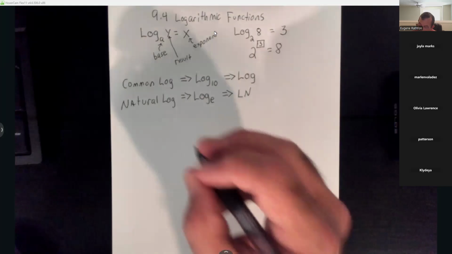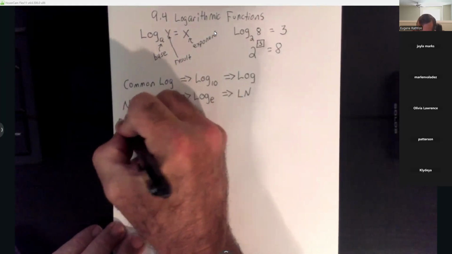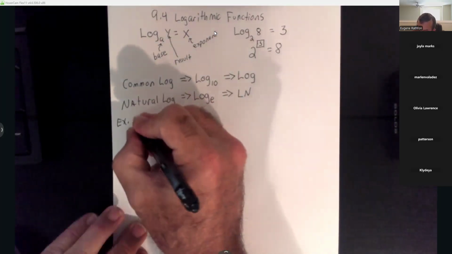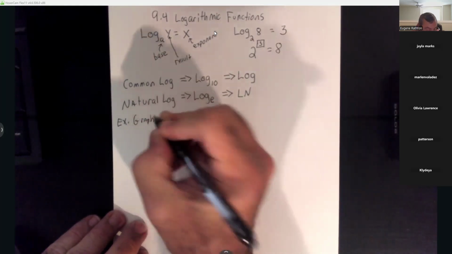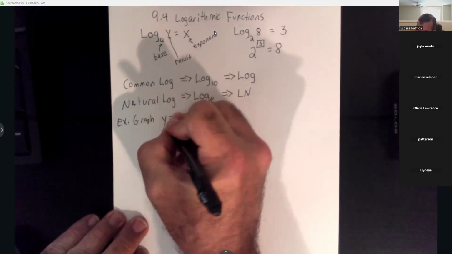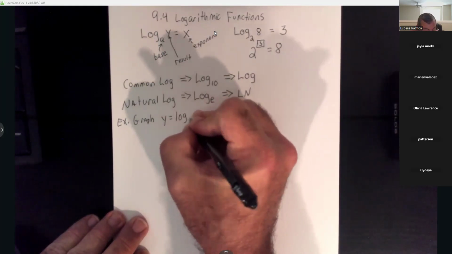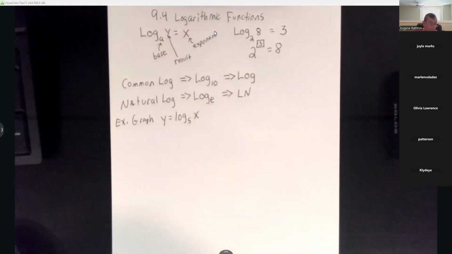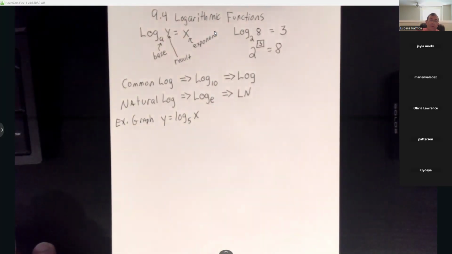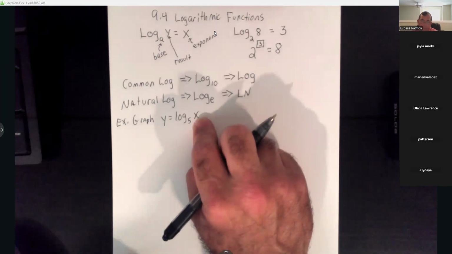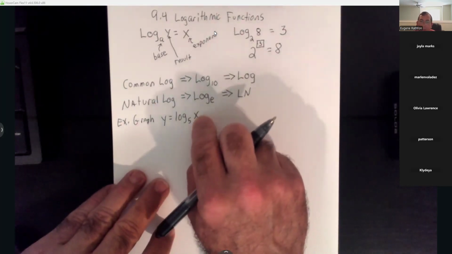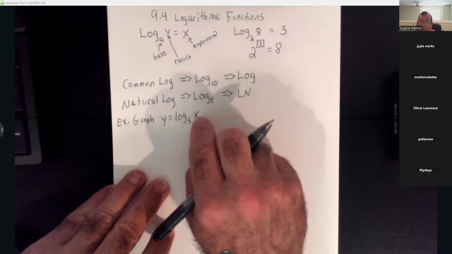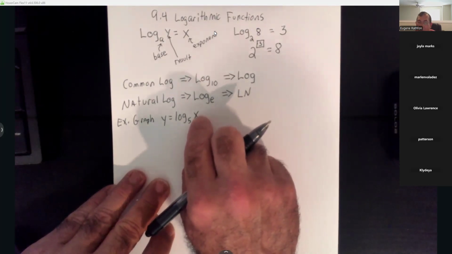So y'all, the first thing they want us to do in here is play with graphs. They want you to graph y equals log base 5 of x. So to do these, you're going to want to use that calculator. Now we'll say this. Remember, x is those results.